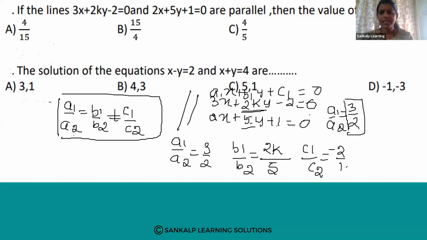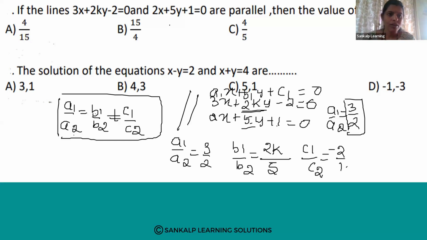When the lines are parallel, A1 divided by A2 is equal to B1 divided by B2. In order to get 3 divided by 2, which value do I have to multiply to 2 so that I can get 3 divided by 2? What value of K should I substitute to get 3 divided by 2?